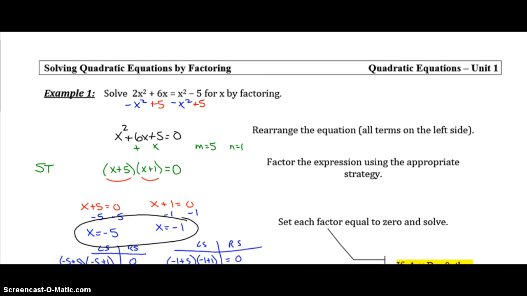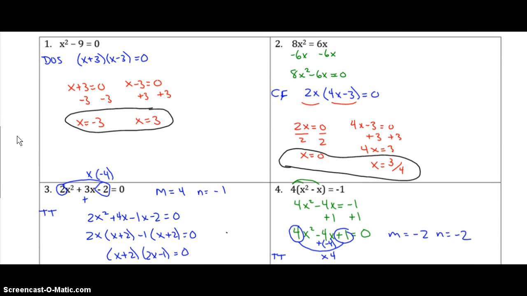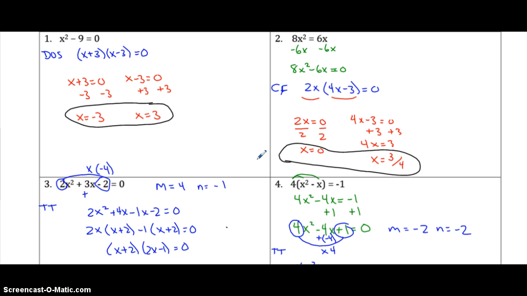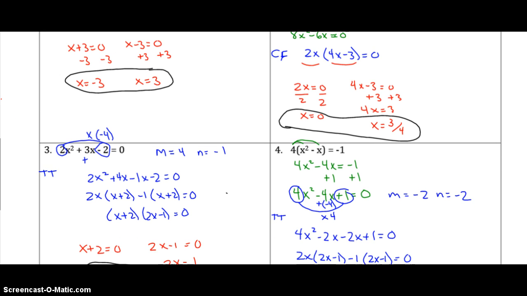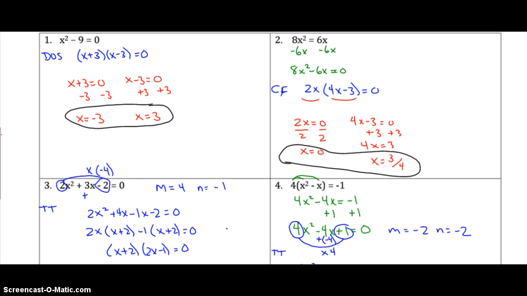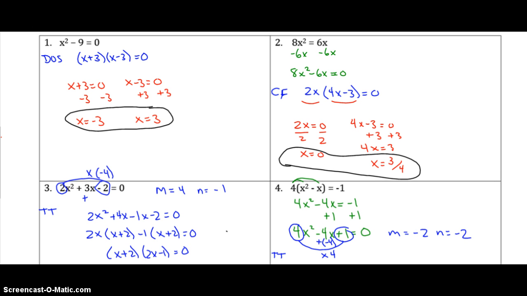So most people who have difficulty with this concept, it's not because they're not aware of how to solve the quadratic equation, it's more that they're still not comfortable with their factoring strategy. So this is where we're saying if you are not able to factor, we really want you to come in for some extra help, because from this point on, that's the only new part.